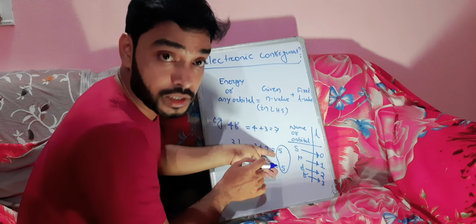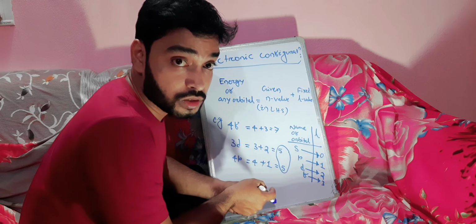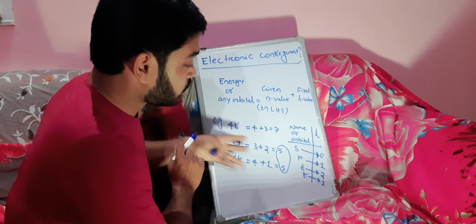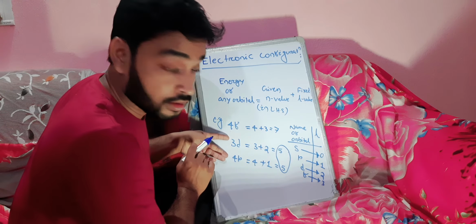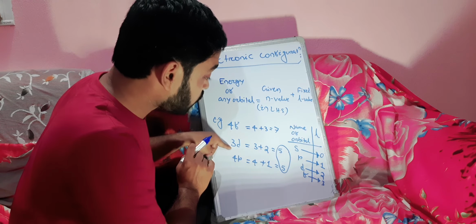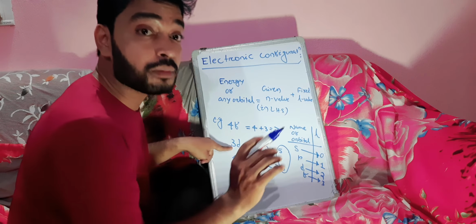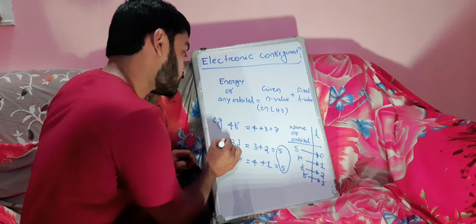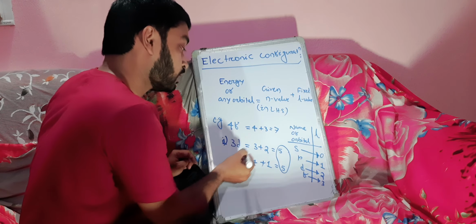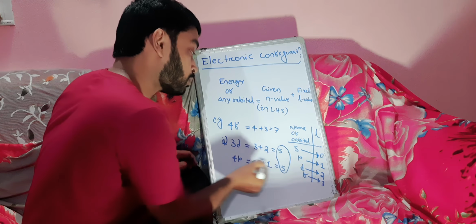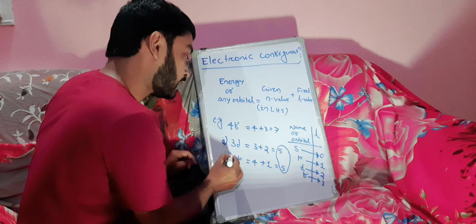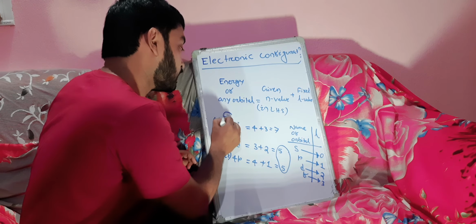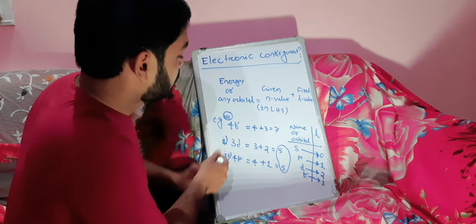But if the energy will be same, what will be the condition for choosing the correct one or the first one? If the energy of the different orbitals gets similar, then the orbital with lower n value will be arranged first, and then the orbital with same energy but higher n value will come second, and the last one will be the maximum energy carrying orbital, that means the 4f orbital.